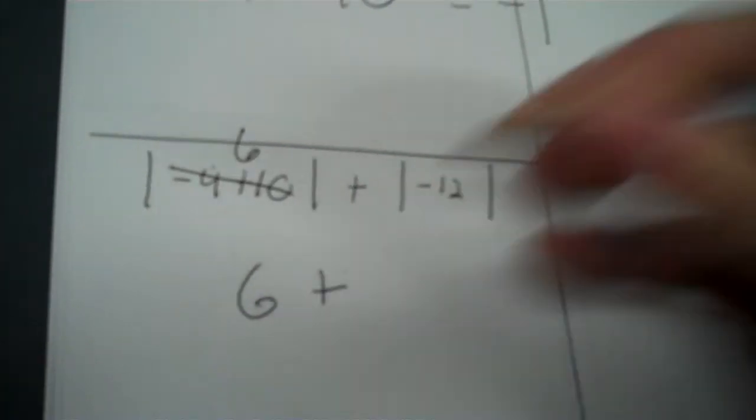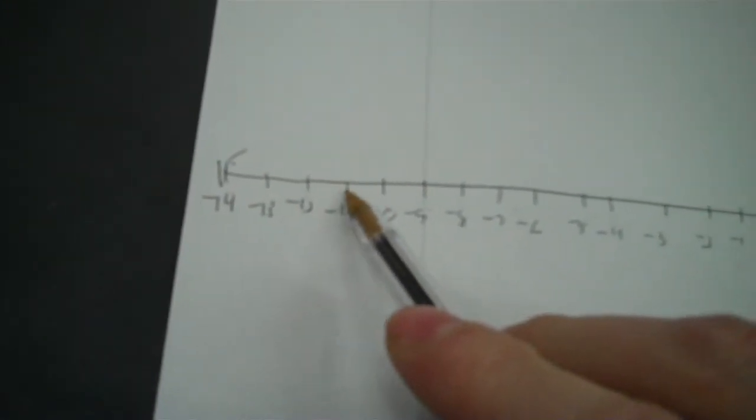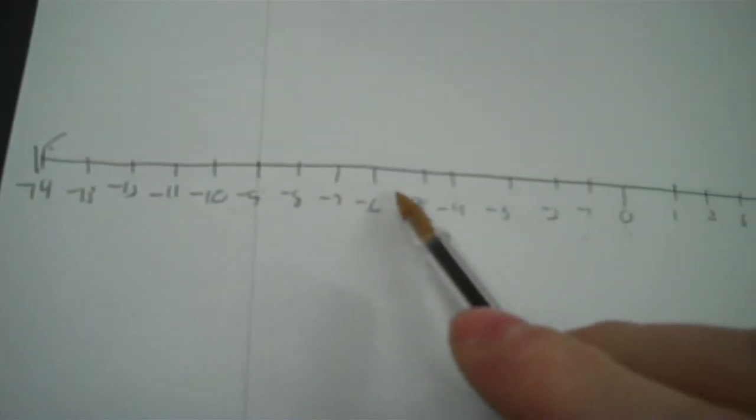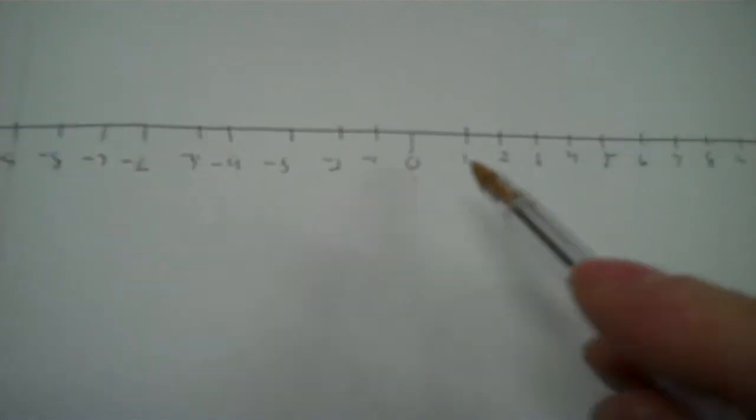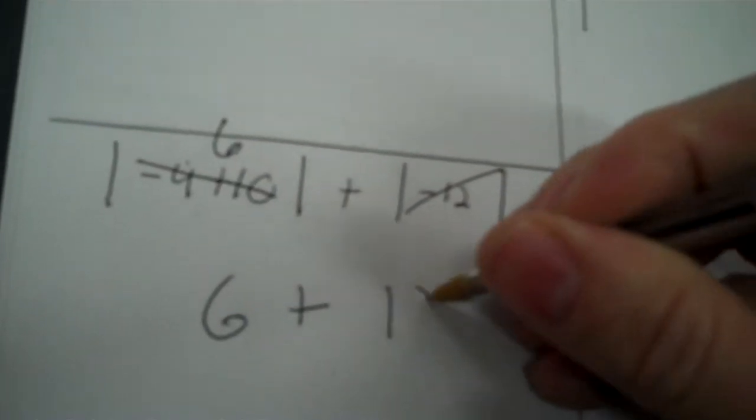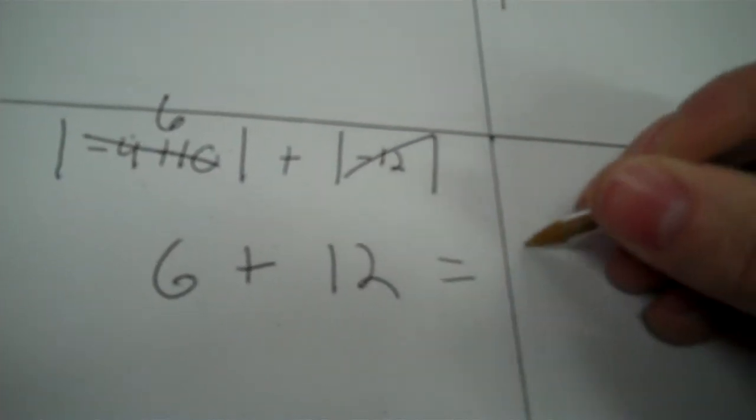To get from 6 to 0, you have to count 1 mile, 2 mile, 3 mile, 4 mile, 5 miles, 6 miles. Okay? Think of it as counting miles. And then from -12 to 0, that's 1, 2, 3, 4, 5, 6, 7, 8, 9, 10, 11, 12. So that becomes 12. And 6 plus 12 equals 18. Okay, and that's all we have there.